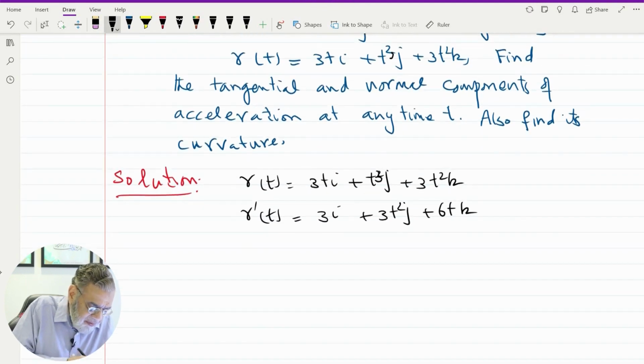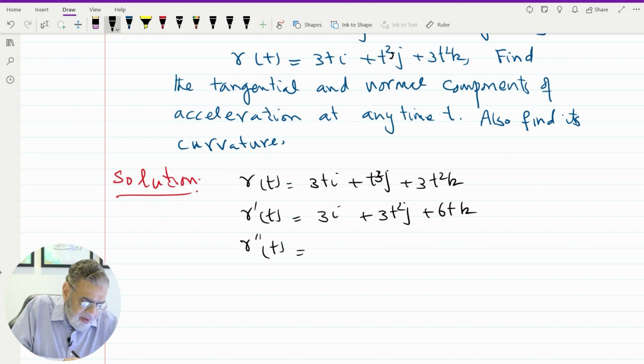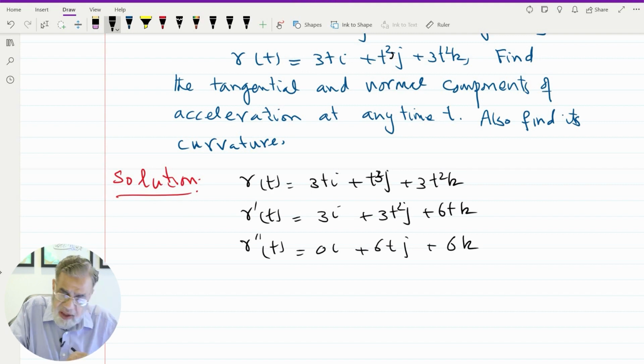Then r double dash of t is our second derivative. We have 0i because the derivative of a constant is 0, plus 6t j, and then 6k, because the derivative of 6t is 6.